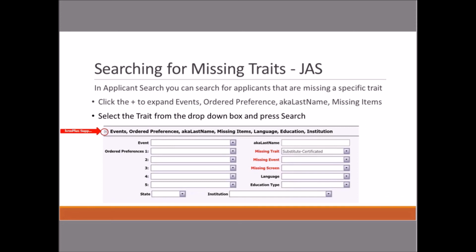Click that plus sign to expand the screen, and the menu looks like this. And you'll notice that we have highlighted the missing fields in red to help them stand out on the page, because sometimes people are confusing them and getting frustrated. And so then we would find that missing trait field, pick the trait that we're interested in searching for, click search, and we get a list of anybody who does not have that trait.